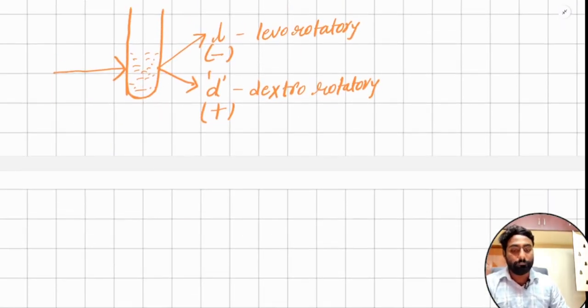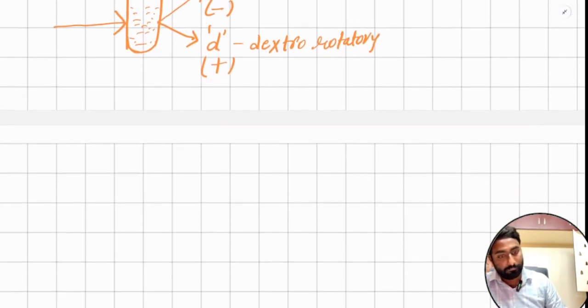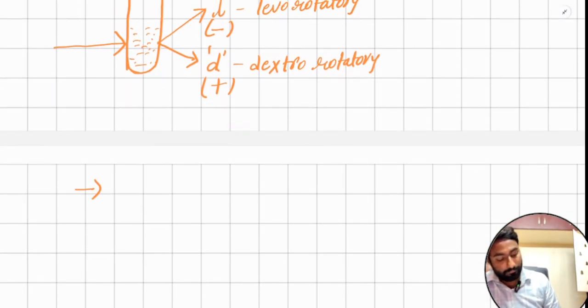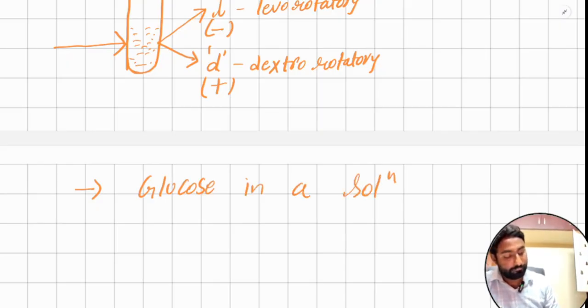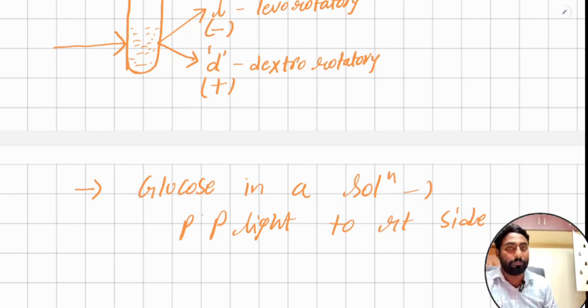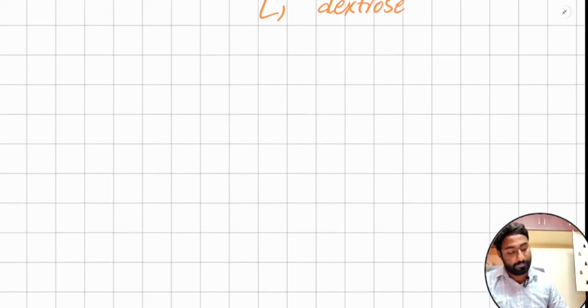Now glucose in a solution will cause plane polarized light to go to the right side. That is why glucose is also called dextrose. Okay. Now, what do you mean by racemic mixture?